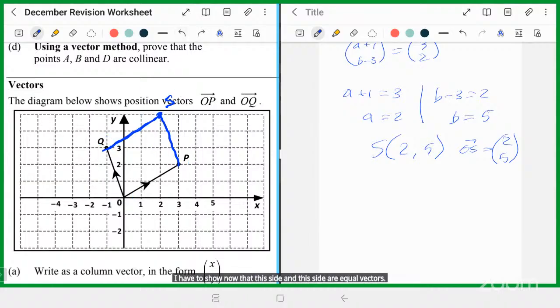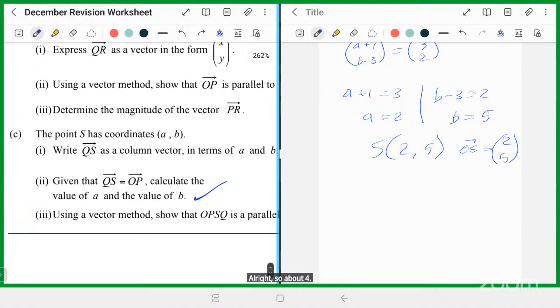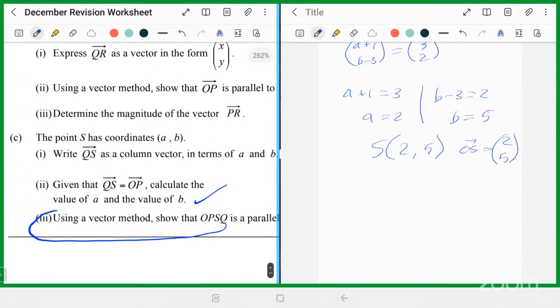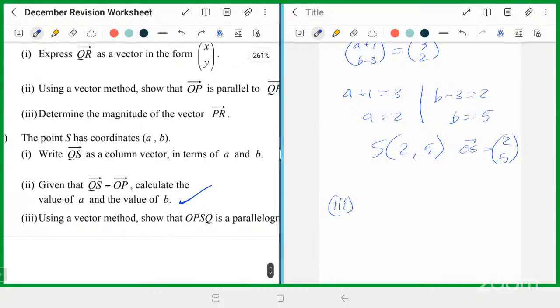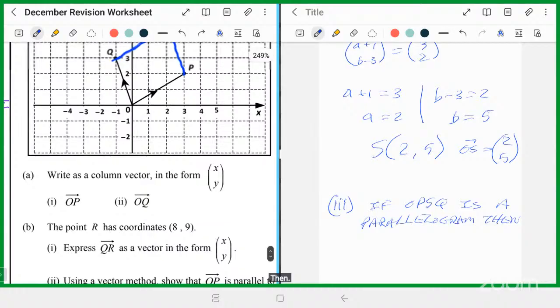So for part 3 of C, to show a parallelogram, if OPSQ is a parallelogram, then we know the opposite sides are equal vectors, right?